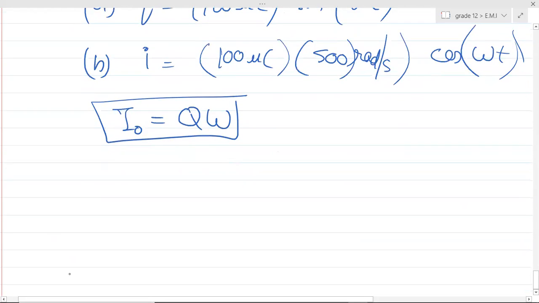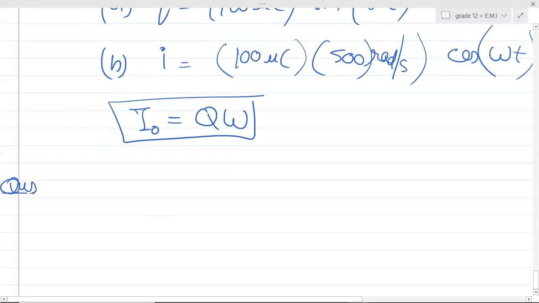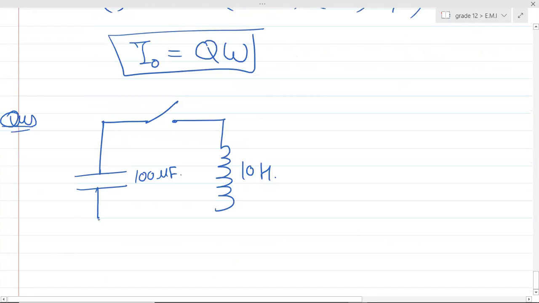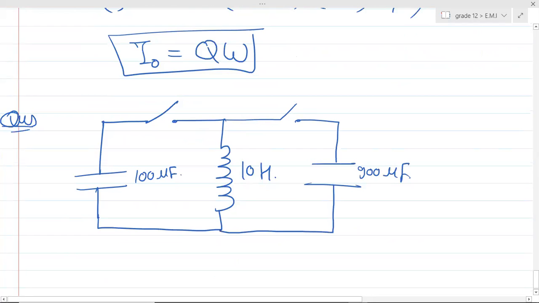A figure is given, a circuit given like this. Can you see one inductor, two capacitors connected in a circuit like this, where there are two switches?